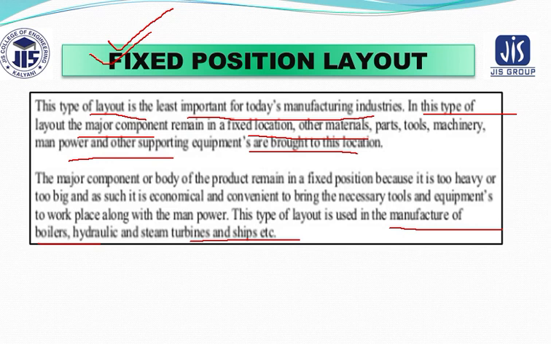So the major components or body of the product basically remain in a fixed position because they are too heavy or too big, and as such it is economical and convenient to bring the necessary tool and equipment to the workplace along with the manpower. And this type of layout is also preferable for boiler, hydraulic and steam turbine and ships.